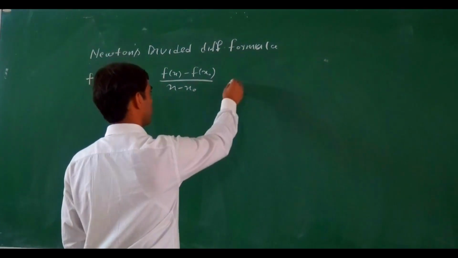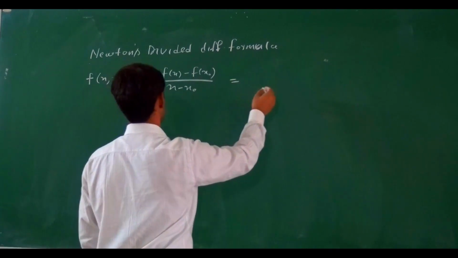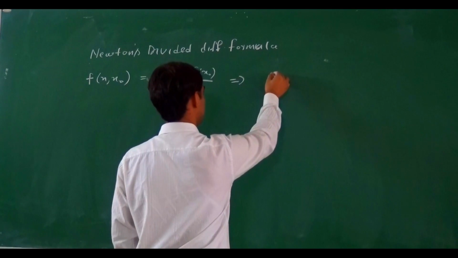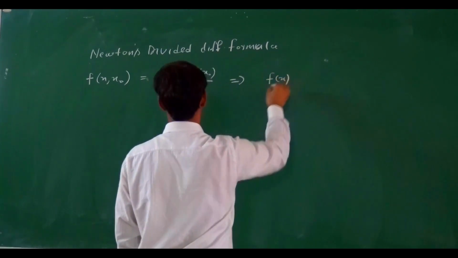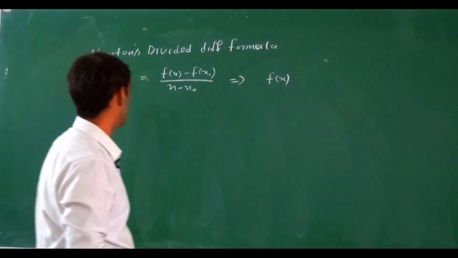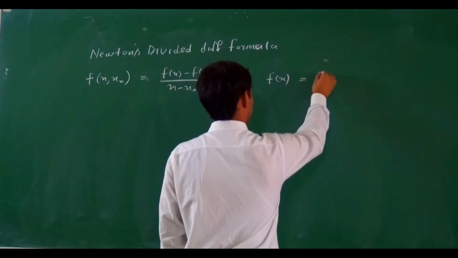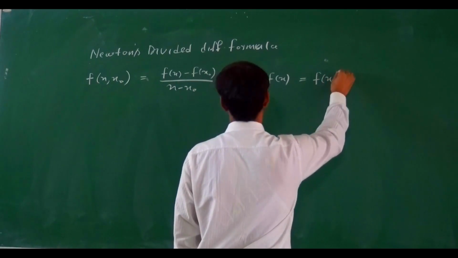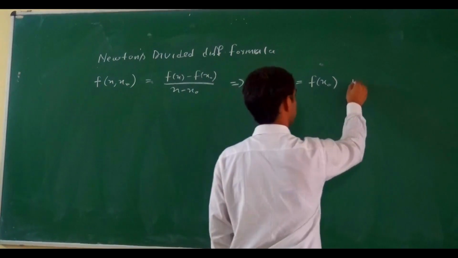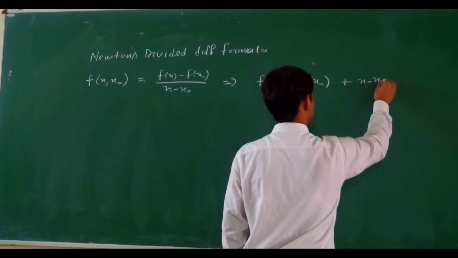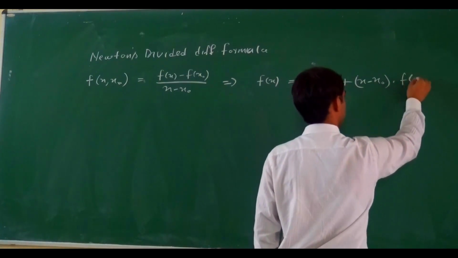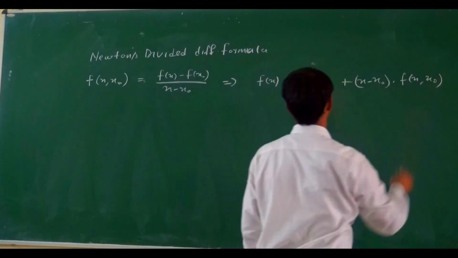Now if we simplify this, then what is the value of f of x? f of x equals f of x0 plus x minus x0 into f of x, x0.